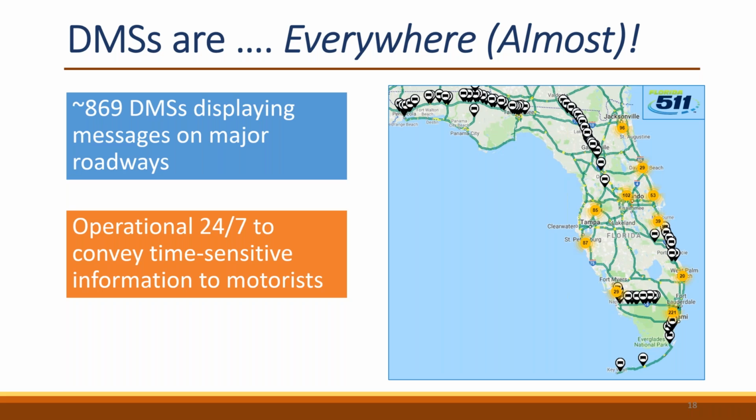And usually when they do not convey any time-sensitive information, they do provide information that is good to know, in the sense of click it or ticket, or buckle up, put your child in a seat belt, don't drink and drive, don't drive distracted, etc.